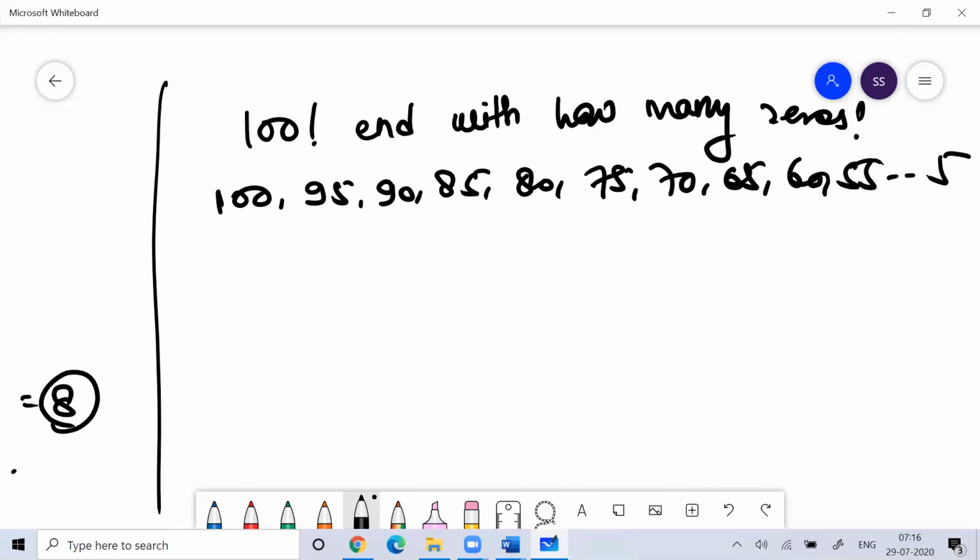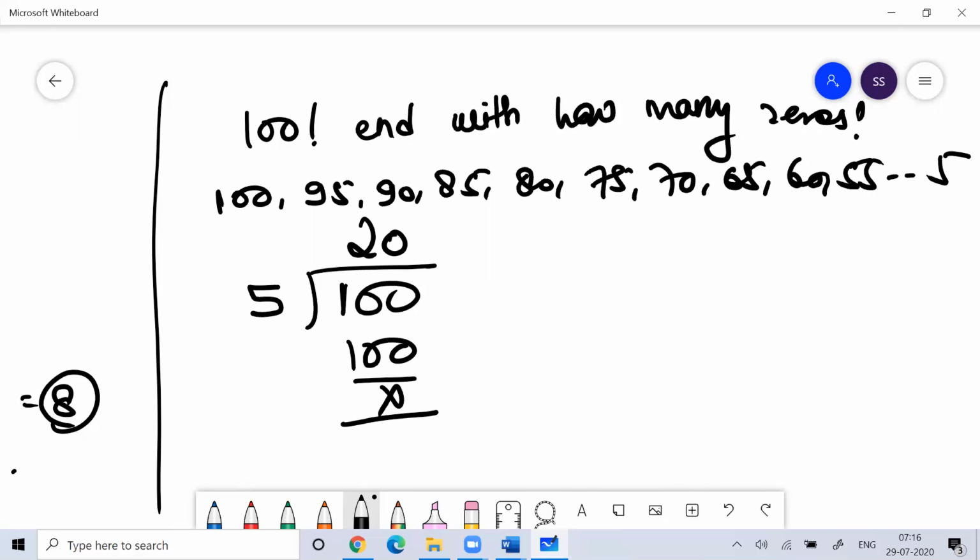The other way, the shortcut formula, is to divide the n of your n factorial by 5. So you get a quotient. Now divide this quotient again by 5. Then again, whatever quotient you get, divide it again by 5.